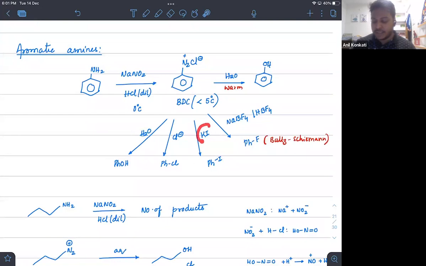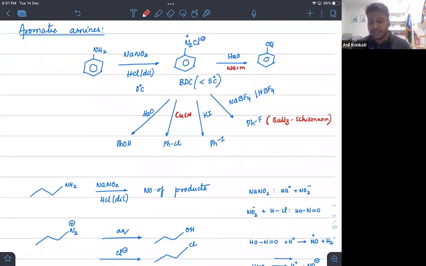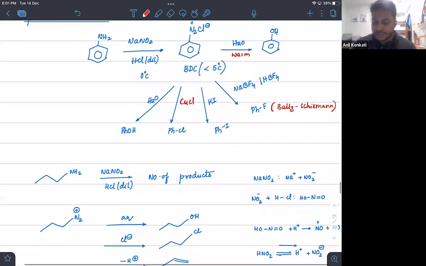Next, if you react it with KI, directly we'll get iodine here, so iodobenzene. If you treat with Cl minus, we don't use Cl minus directly. Rather, we will use CuCN, or CuCl. In case of CuCl, we'll get chlorobenzene, and this is called Sandmeyer's reaction.